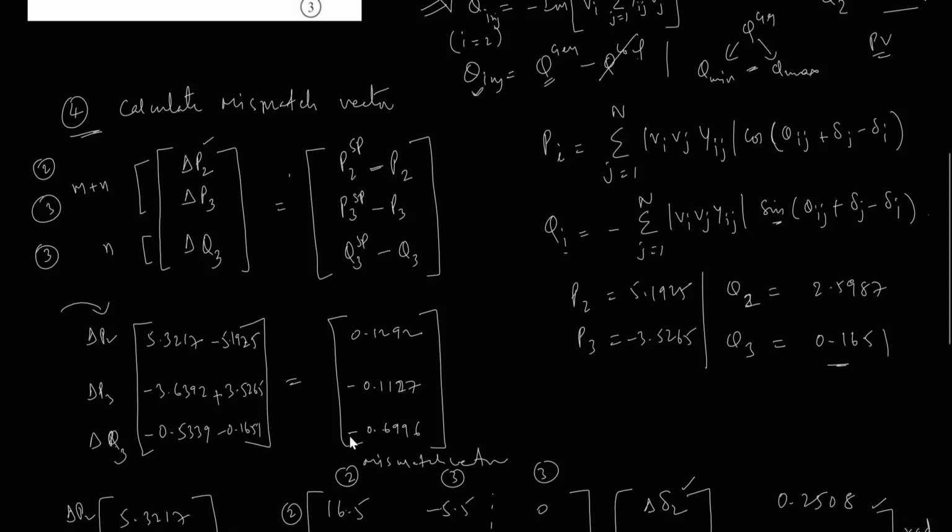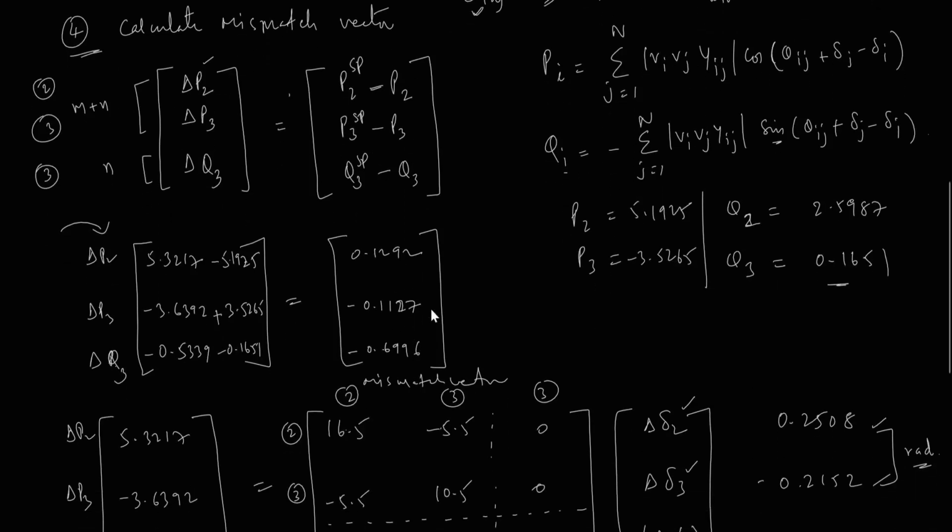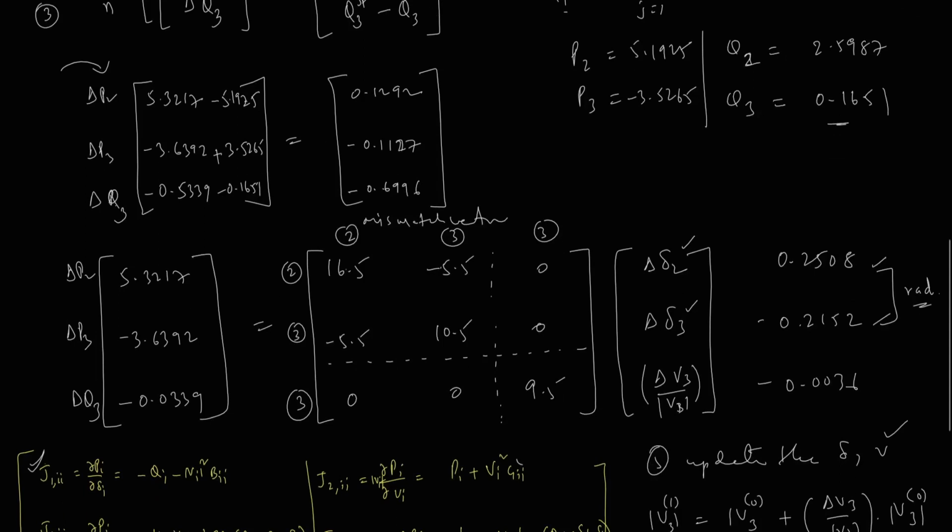So this is my mismatch vector. So I erase these values now. So this is 0.1292, this is minus 0.1127, this is 0.6996.